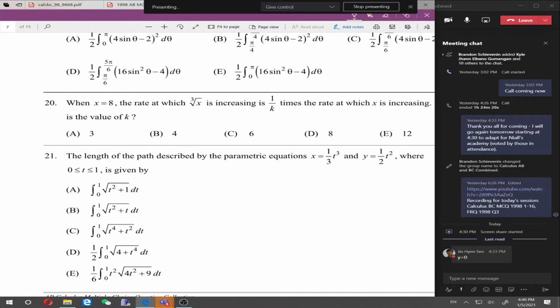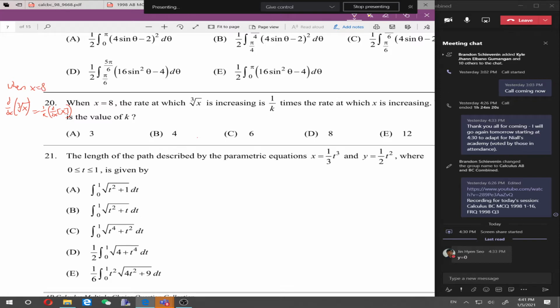So if I derive the cubed root of x at the point x equals 8, that should be equal to 1 over k times the derivative of x. That is what the question's told us so far. Again, only true when x is 8.